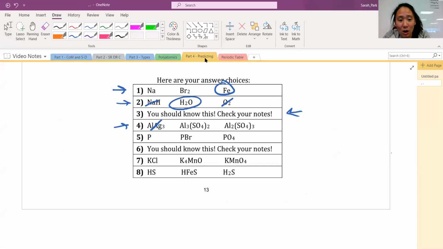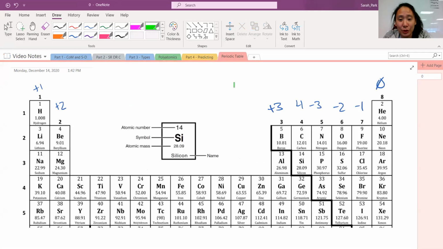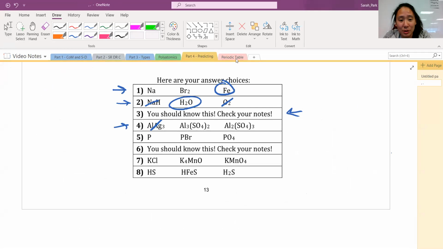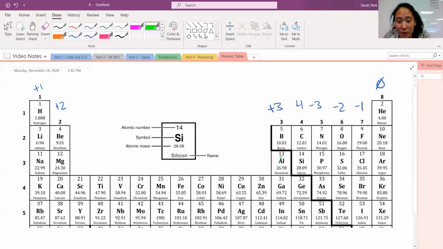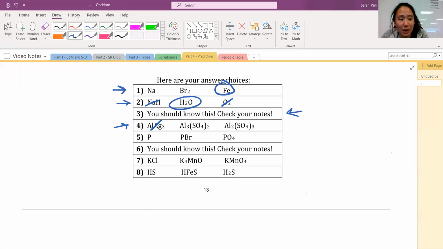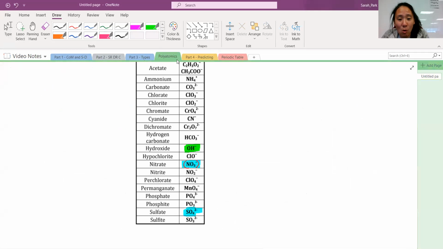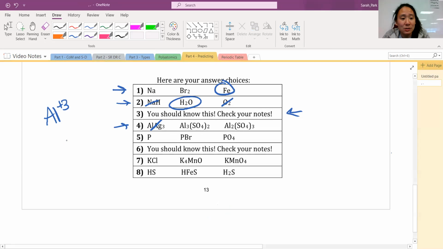We are looking for aluminum. Aluminum is here, which is +3. So I'm going to make a note to myself that aluminum is a +3. Then SO4 down here is a -2. So do you see how it's right there?